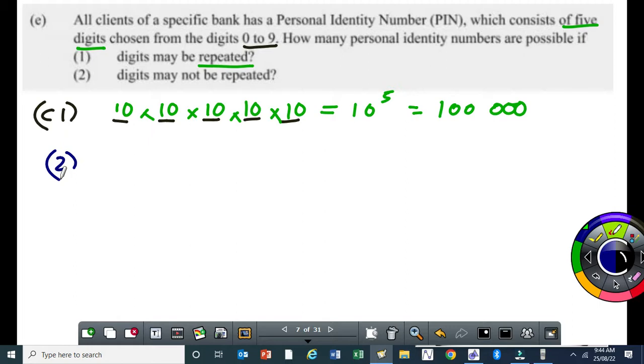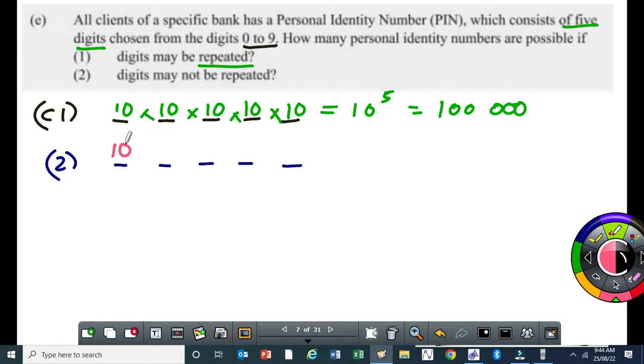If the digits may not be repeated, the first position can be taken by all 10. All 10 can take the first position.